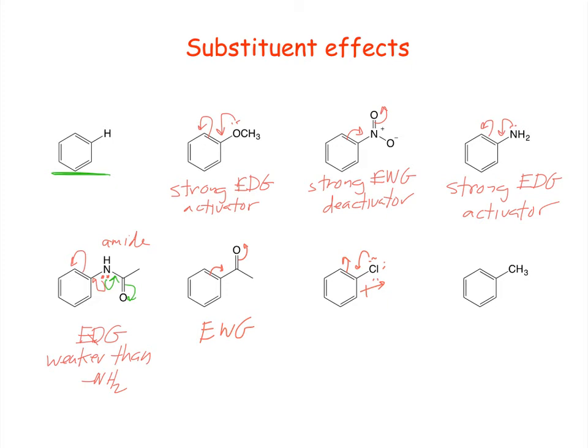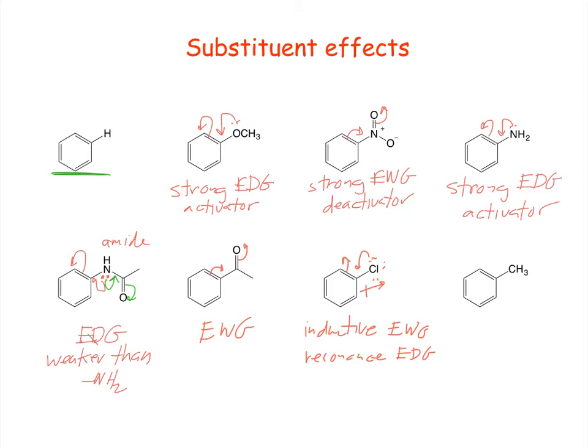So for activating and deactivating, we essentially have this inductive effect. The inductive would be an electron withdrawing effect, right? That's just because chlorine is more electronegative, it's pulling electron density out of the sigma bond. And we have resonance, which is electron donating, all right?